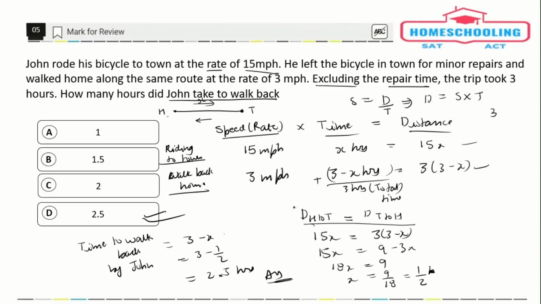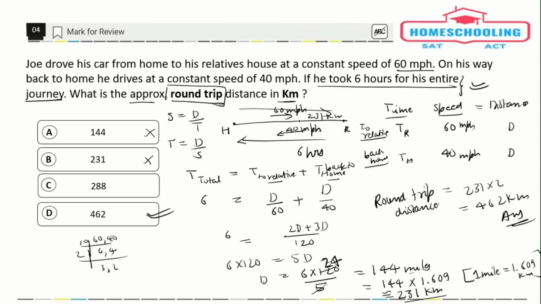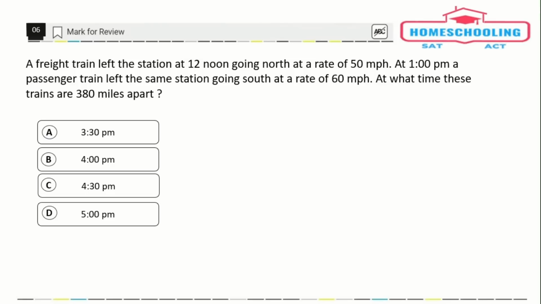So always write down all the data that is given, so it would be easy for you to solve, and see what information is provided in the question which we can use. In the previous question, the time was given for going and coming back, taking 6 hours. In this question, we have to find that data and form an equation from it.